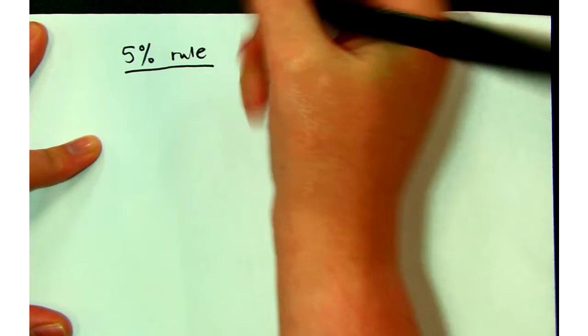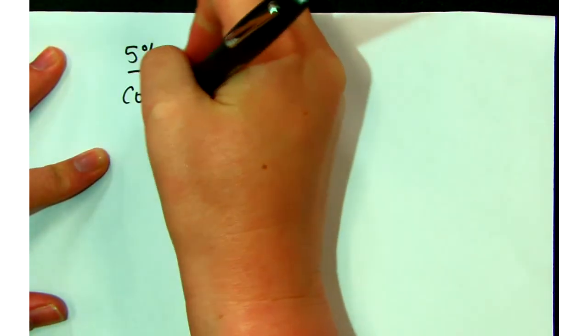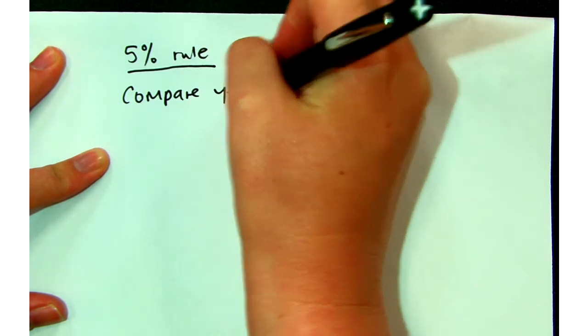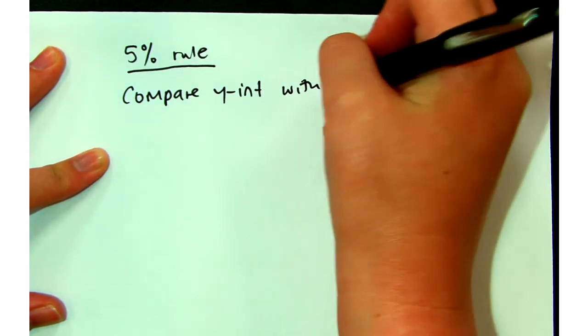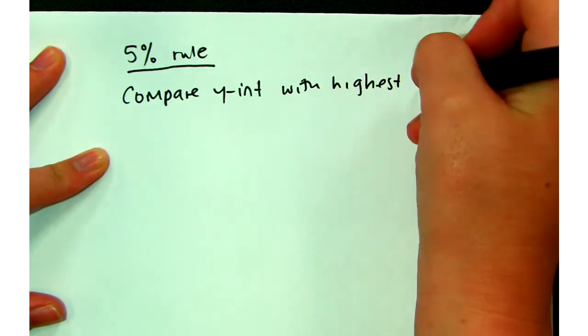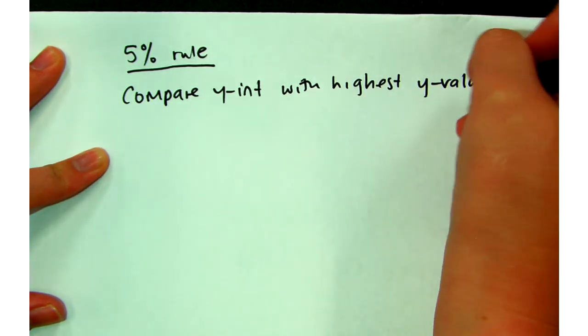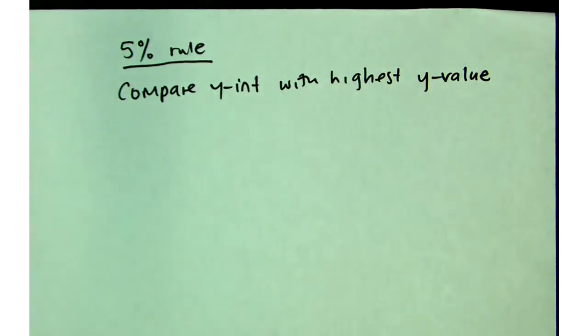All right, in the 5% rule, we're going to compare the y-intercept to the highest y value. And then we're going to look at it, and if it's less than 5%, then we're going to throw out the y-intercept.